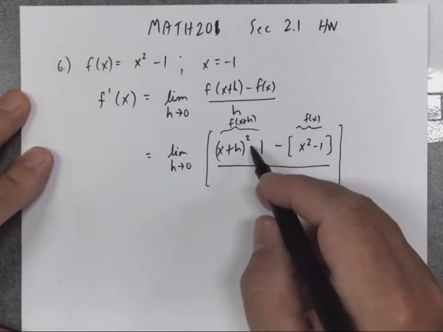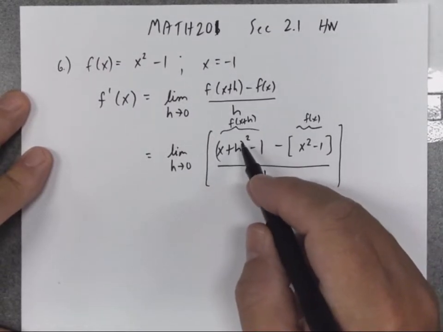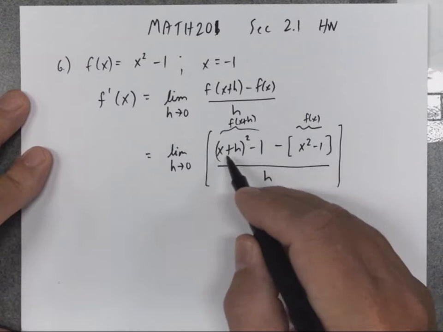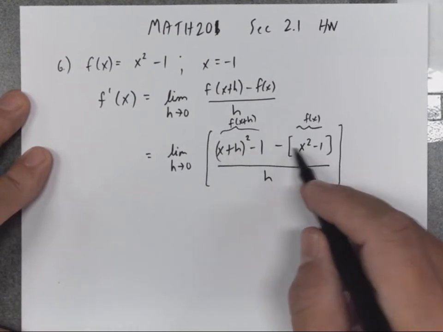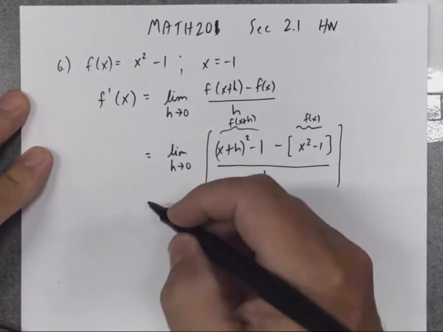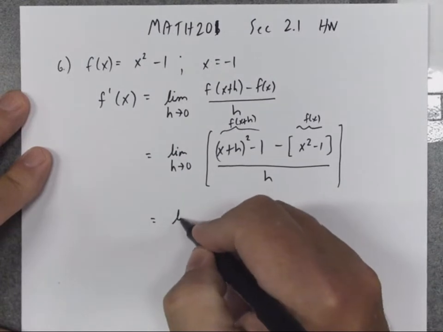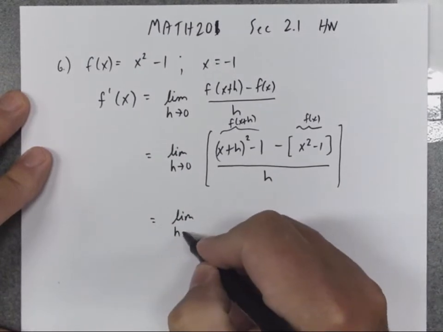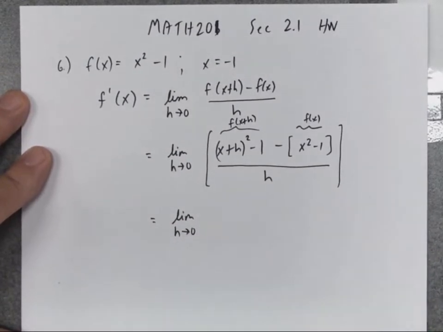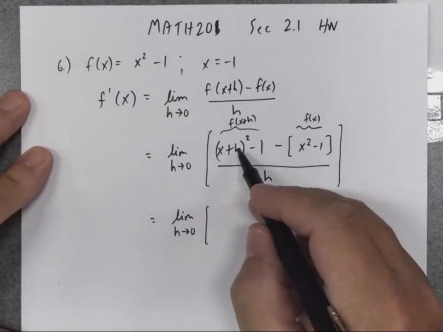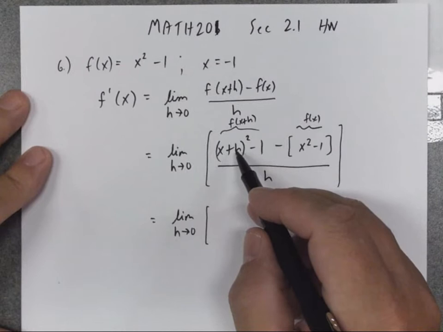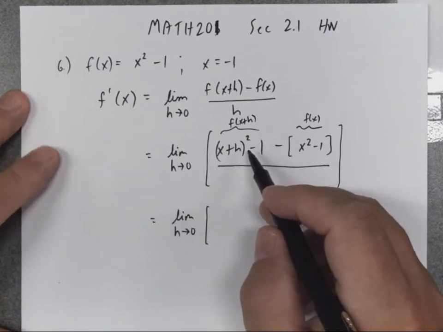Now I need to go in here and do some simplifying. I'm going to multiply out these parentheses, get rid of these brackets, and see what happens. When you do this, if you do things properly, some things always cancel out. x plus h squared means x plus h times x plus h.